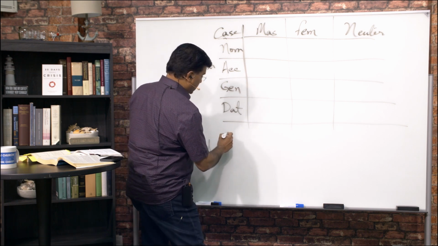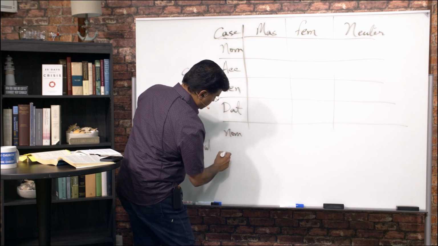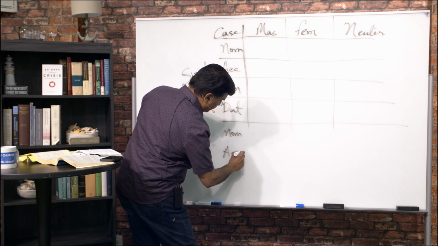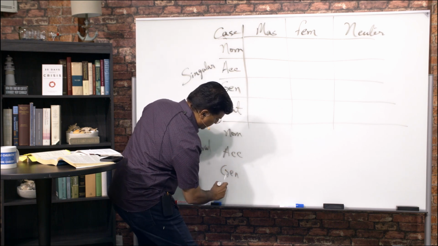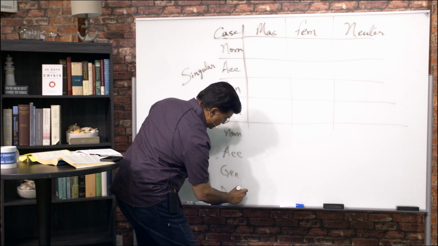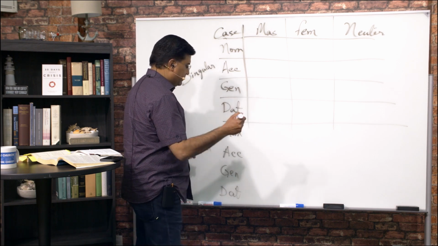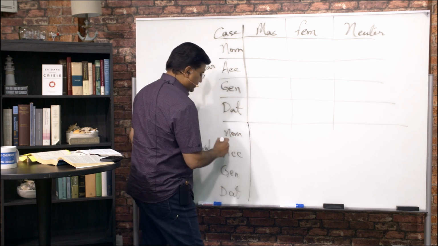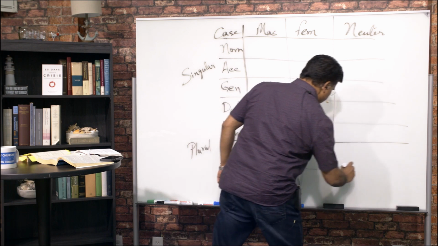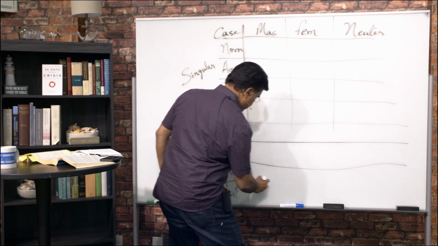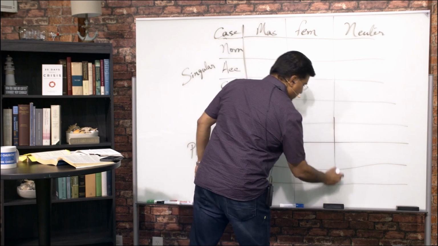So, here again we have nominative, accusative, genitive, and finally the dative. So there you have them all again. And let's divide up our table.